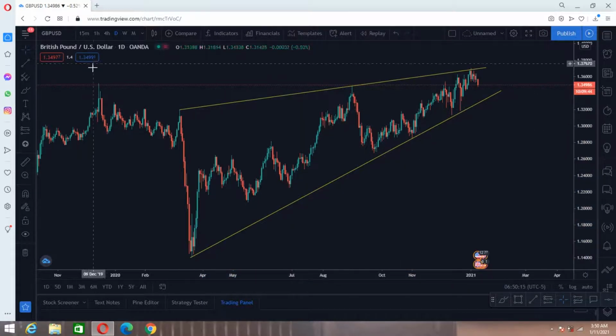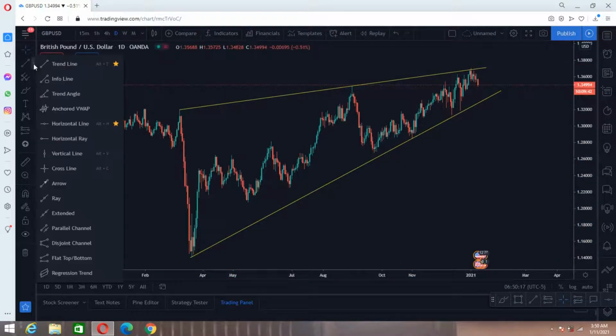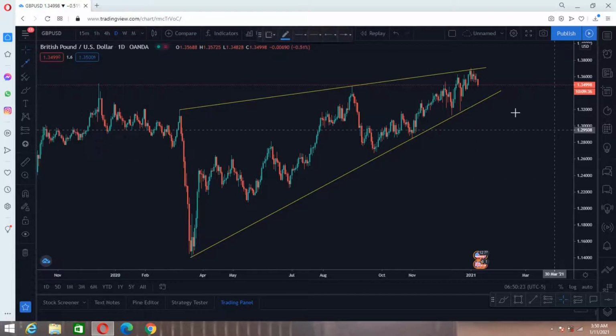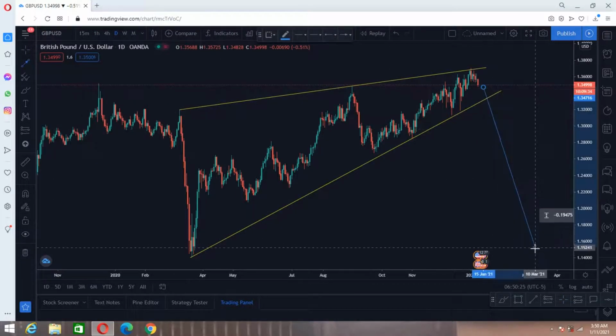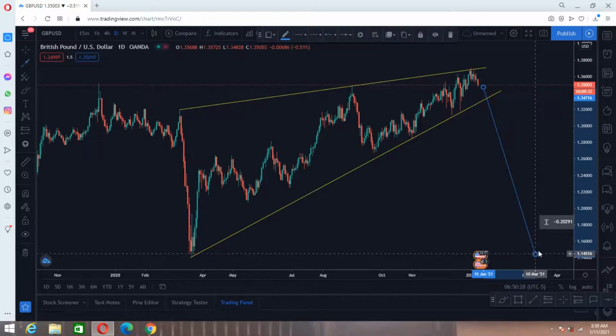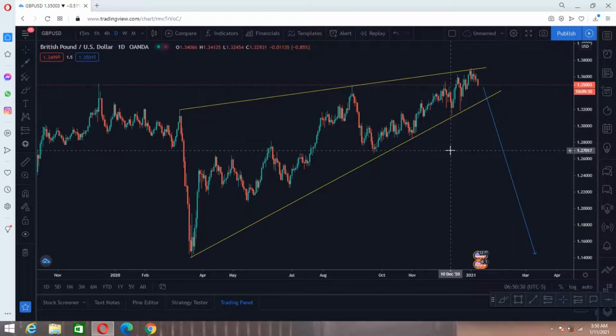But as you can see, we know that this pattern is a reversal pattern to the downside. So this is what we're expecting on GBP USD until it shows us otherwise, but this is what we have.